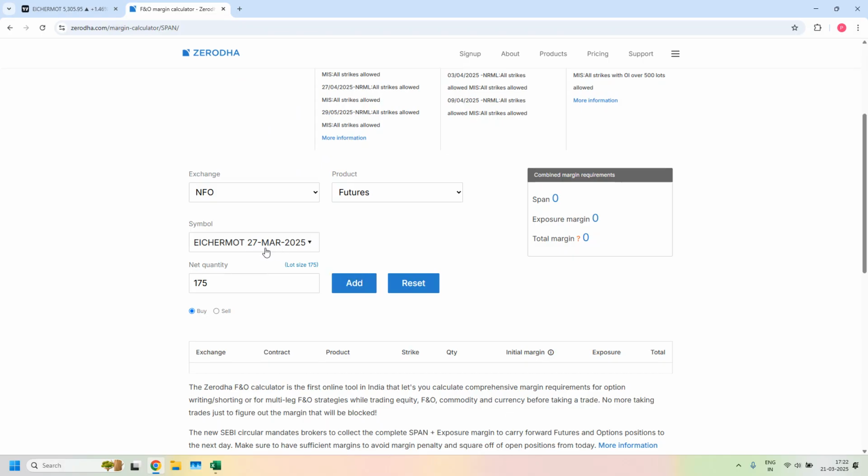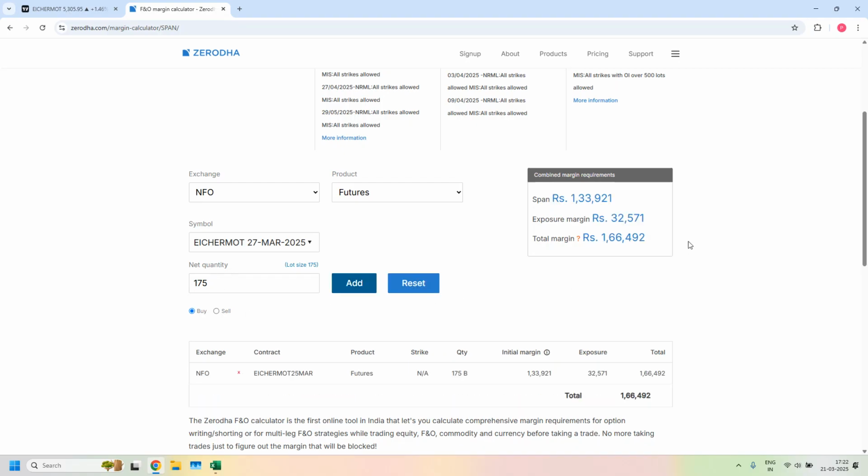This is March futures I selected, and the net quantity is 175. The margin cost shown is at the time of closing the market, not at the time of our taking entry. But I do approximate calculations. I will guess approximate values, and how I guess them, I will also explain.